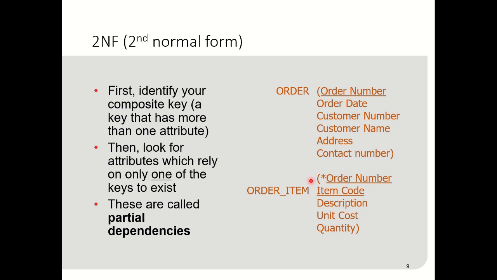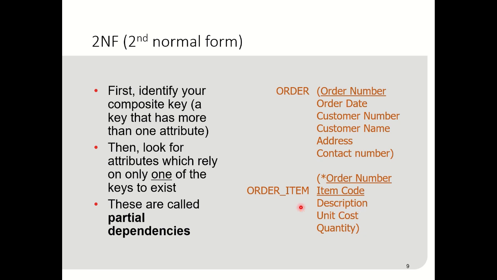Now in the second normal form, what we basically do is identify the partial dependencies. So how will we find the partial dependencies? Say we have order number and item code as the composite primary key, right? So we will take the non-key attributes. In this particular table, the non-key attributes are description, unit cost, quantity.